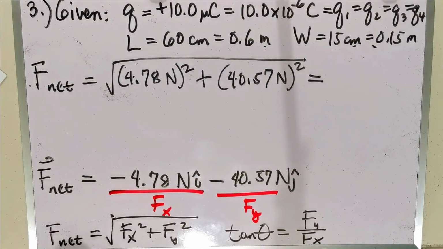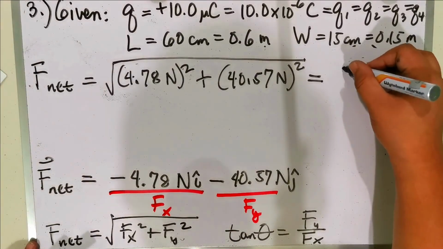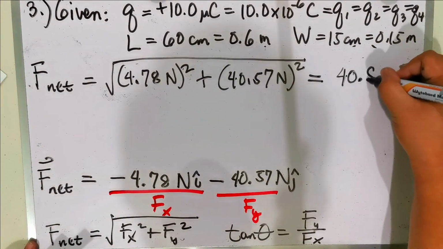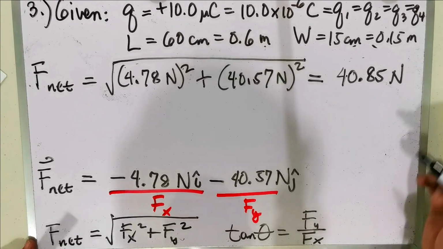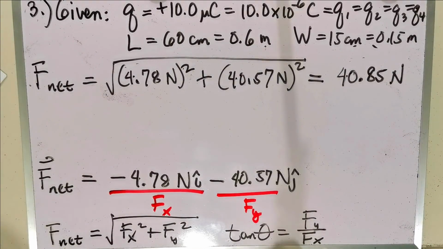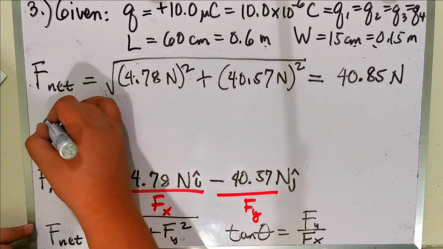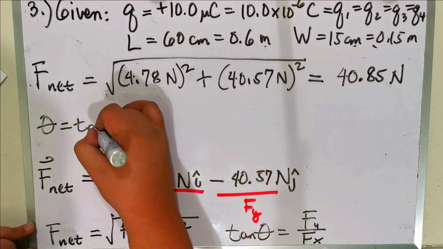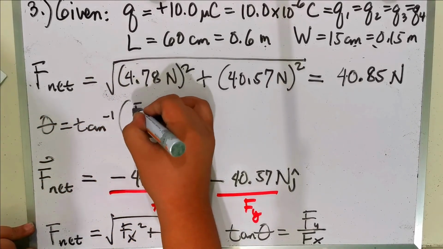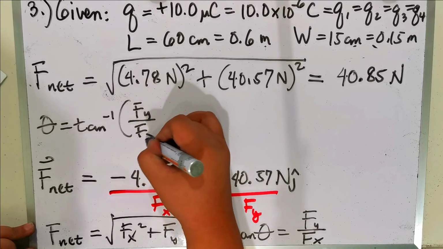So the net force has a magnitude of 40.85 newtons. On the other hand, we solve for the arc tangent, or the tangent inverse, of this equation. So theta would then be equal to tangent inverse of Fy over Fx.